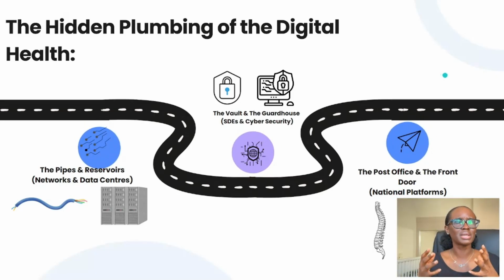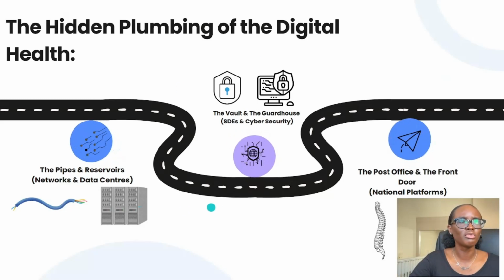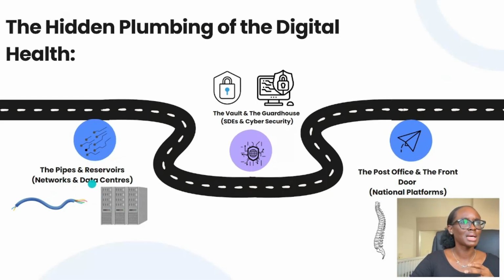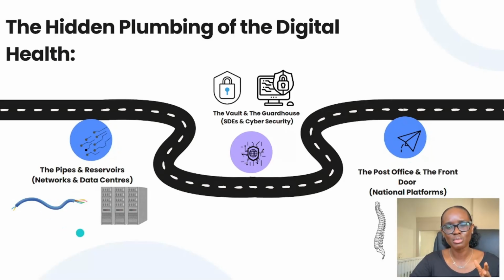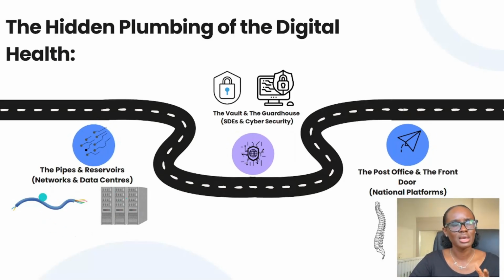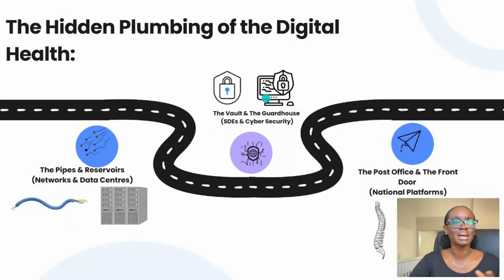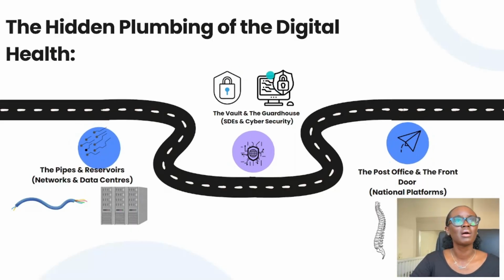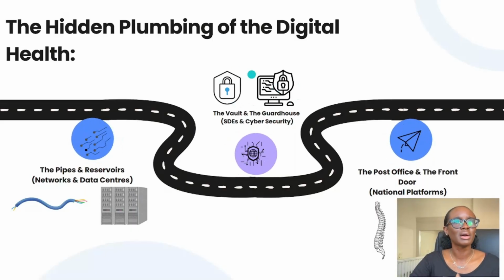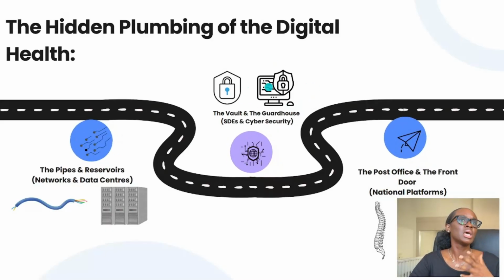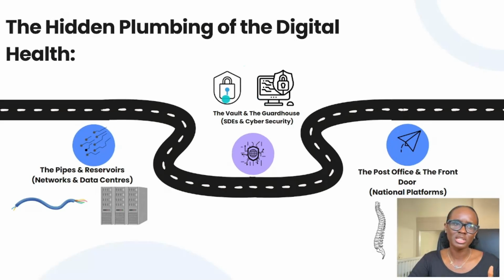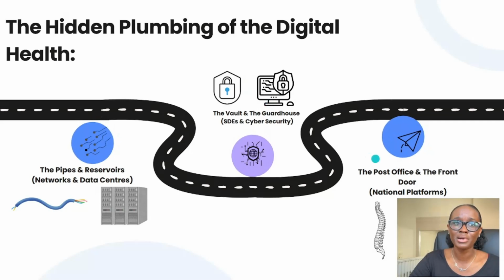Now, let me explain the roles within all of this. So we have the networks and the data center. Here you see more technical roles: network engineer, data center engineer, infrastructure engineer. Here too, you also have technical people: your cybersecurity analyst, your security analyst. Then you also have people like information governance, to make sure the right information goes out and is looked at by the right person.